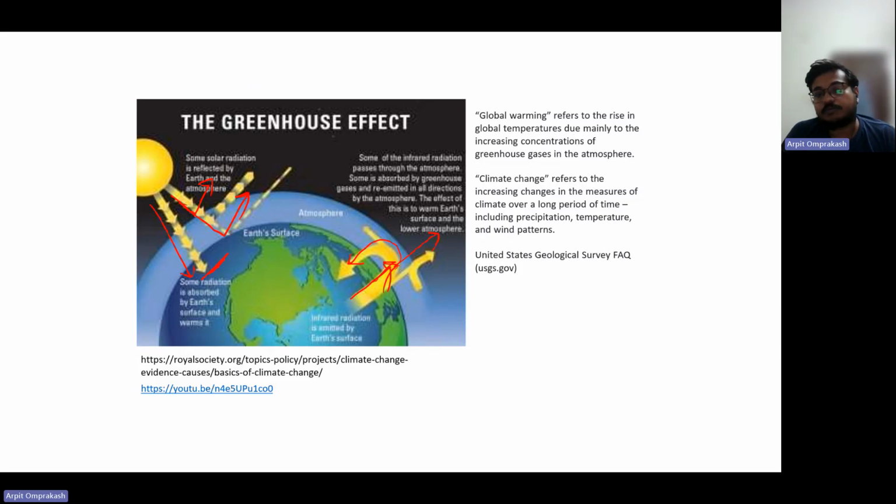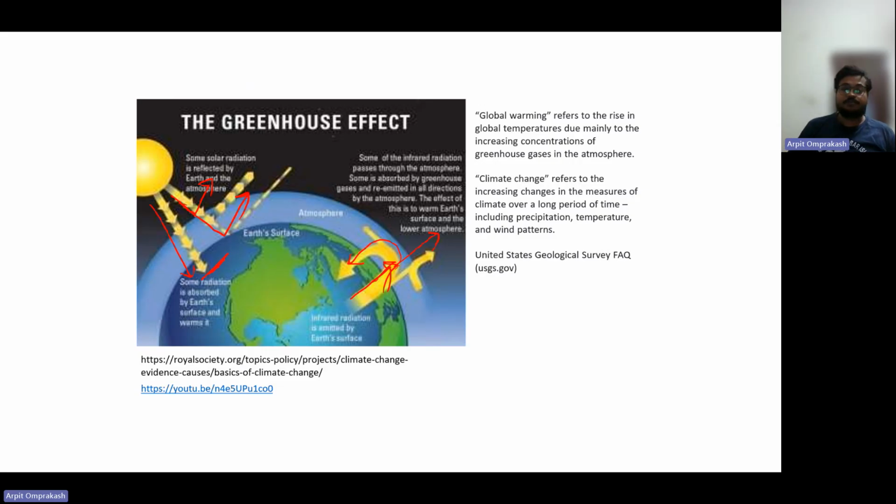So global warming refers to the rise in temperatures across the globe due mainly to the greenhouse effect and more release of greenhouse gases in the atmosphere. Right. Climate change, however, refers to the increasing changes in the measures of climate over a long period of time, including precipitation, temperature, and wind patterns.